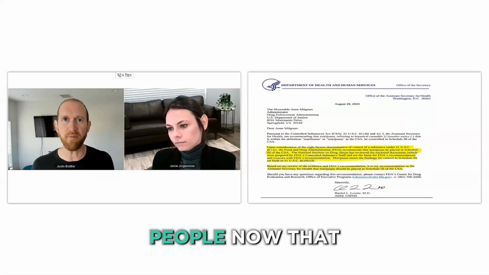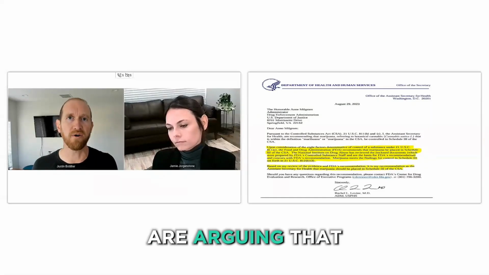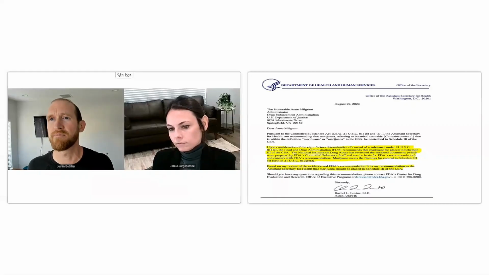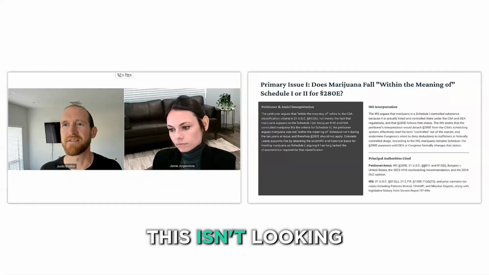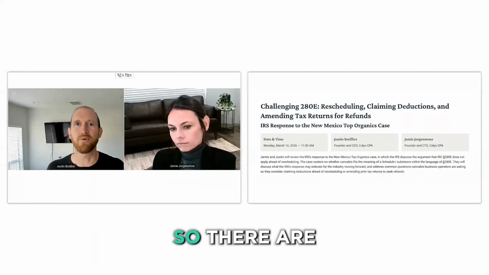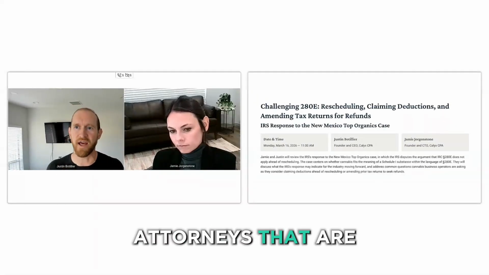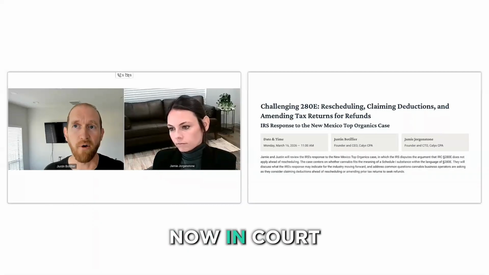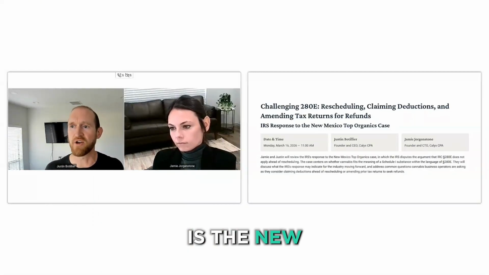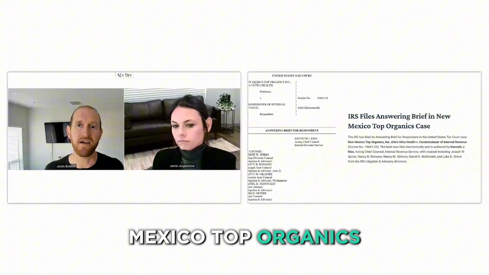So there are people now that are arguing this. There are attorneys that are arguing this point now in court, and the main one is the New Mexico Top Organics case.